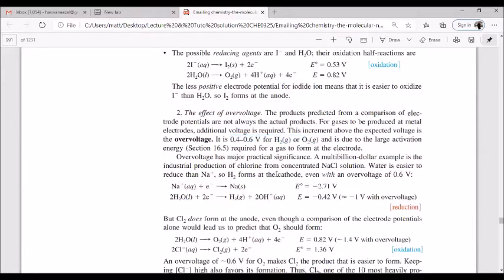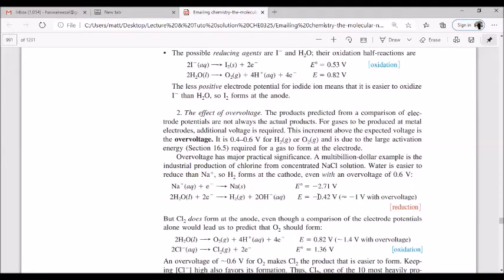Okay, for the case of production of chlorine from concentrated sodium chloride solution, water is easier to reduce than sodium ion. So hydrogen forms at the cathode even with an overvoltage of 0.6 volts. For sodium ion reducing to sodium, the reduction potential is negative 2.71. For H2O reducing to form hydrogen, it is negative 0.42.